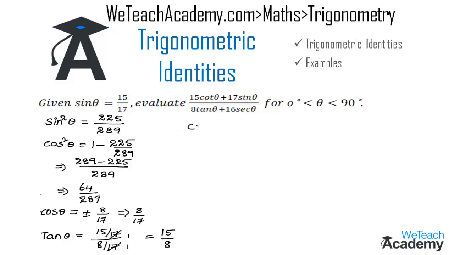And now let us find the value of cot theta. Cot theta is nothing but 1 by tan theta, so the reciprocal of the value of tan theta is 8 by 15. And now we have to find the value of secant theta. Secant theta is equal to 1 by cos theta, and the reciprocal of the value of cos theta is nothing but 17 by 8, which is the value of secant theta.